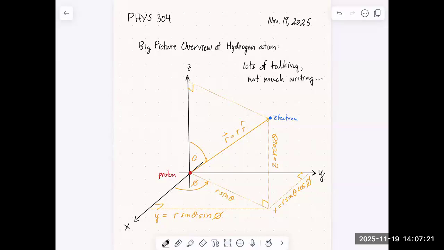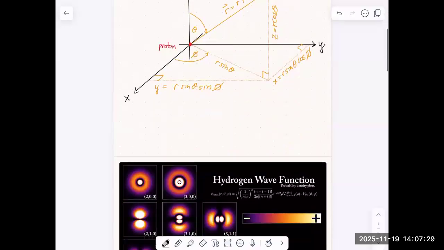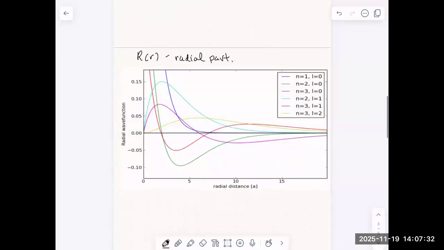It's still restricting the amount of space that our wave function can occupy. And we solved the radial part of the wave function. I plotted some of them here. So this is the radial part, and it depends on n and L.